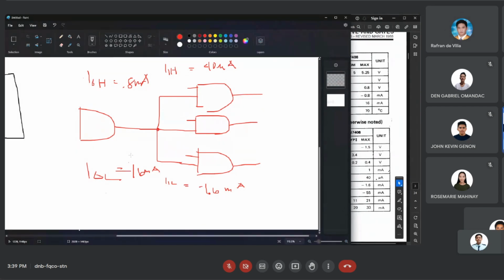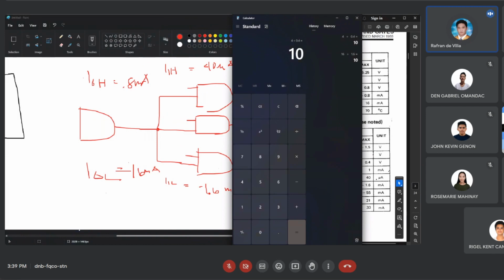Okay, so it's output over input. If it's 16 milliamps of current that can be generated for IOL, it will be controlling this number of gates or inputs.